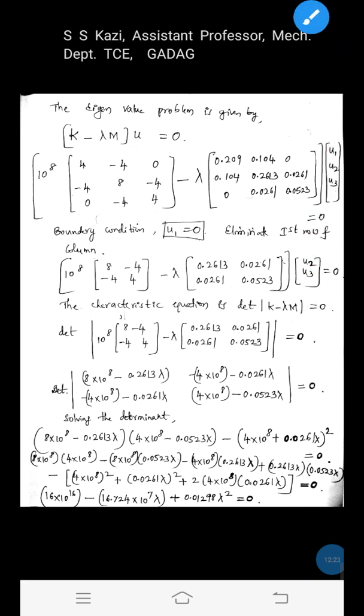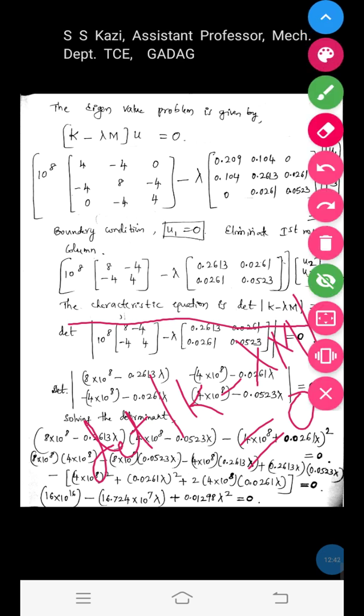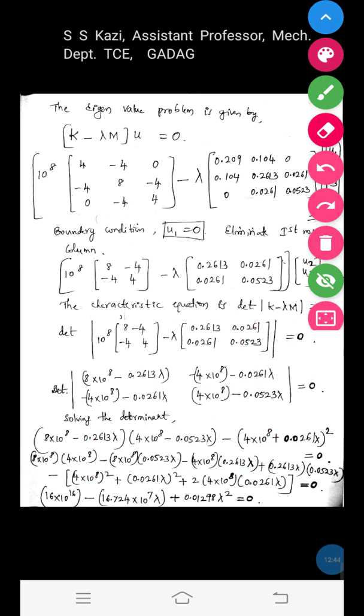now the characteristic equation for eigenvalue problems is given by the determinant of k minus lambda m is equal to 0. This is the characteristic equation to determine the eigenvalues lambda.